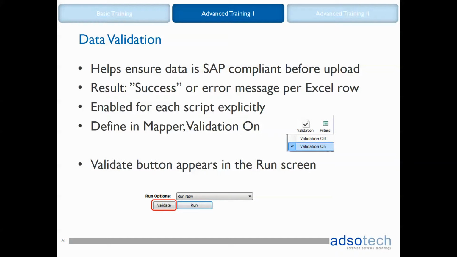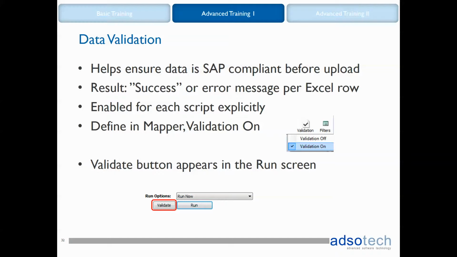What data validation does, it actually runs the script. So it takes the values from your Excel template, puts them in the corresponding fields in SAP, but it does not save the data in SAP. In this way, we get all the error messages back that occur because of incorrect data.